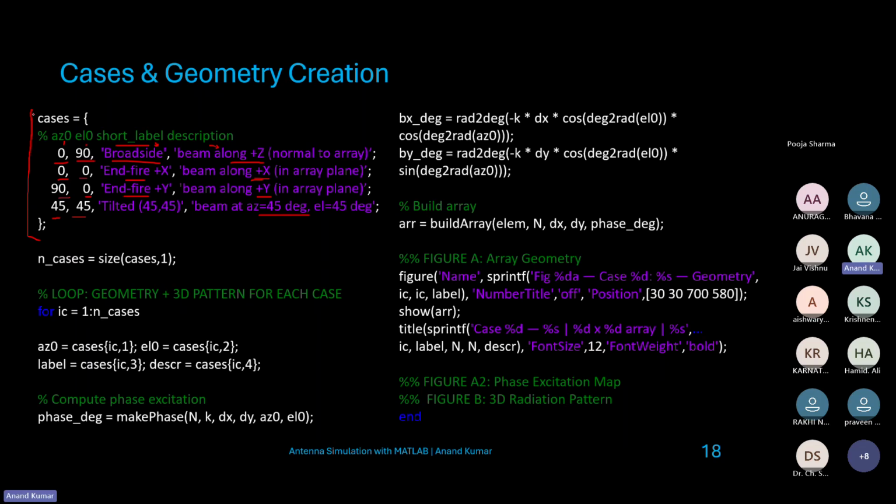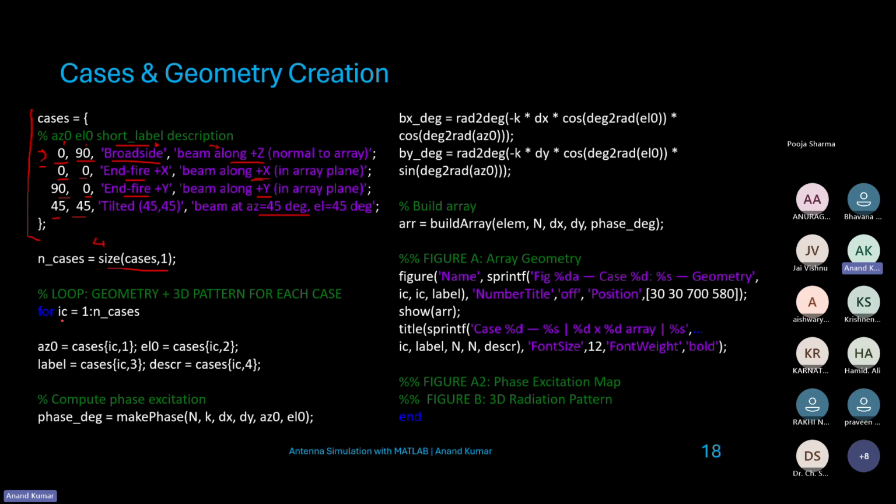Once we have created the different cases, we'll count the number of cases. Size will give us the number of cases, and over here we can see there are four cases: one, two, three, four. So n cases becomes equal to 4. Then we start the loop.